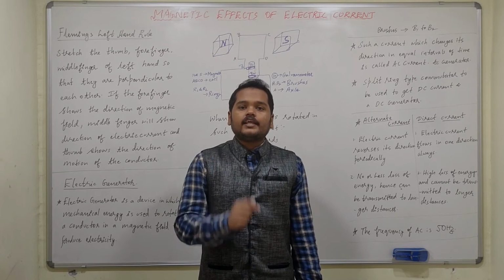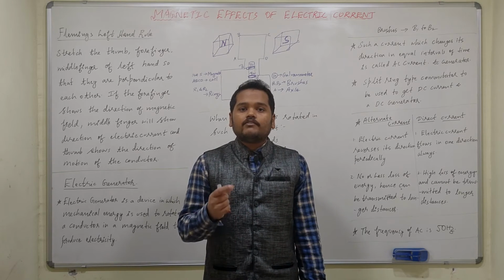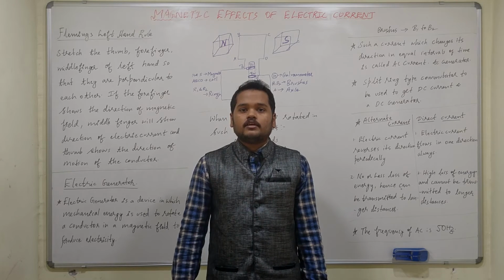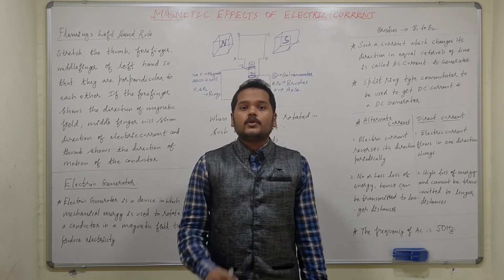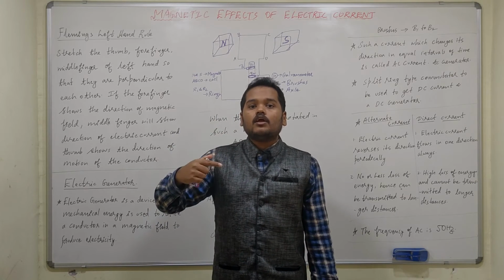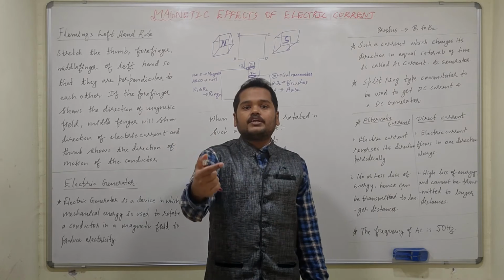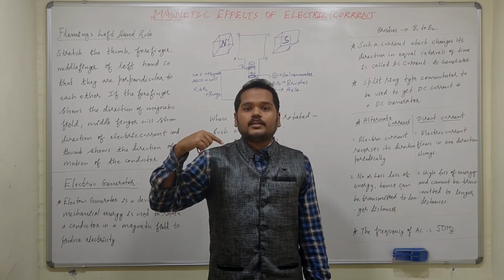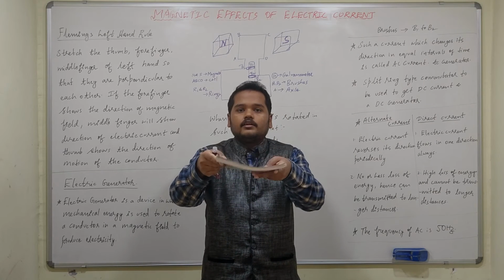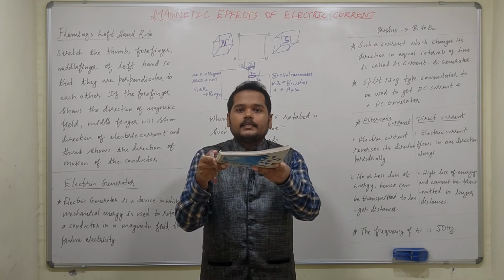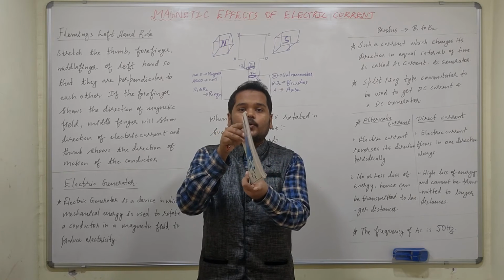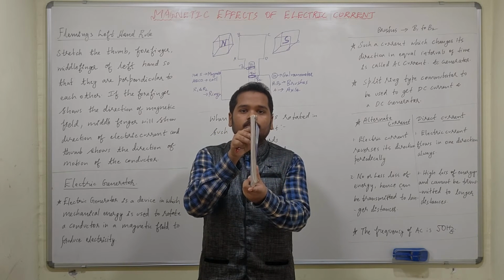Now, we have studied in electric motors that we have used split rings. If you use split rings, you will make the current in this generator flow in one particular direction. Here, AB is going upwards and CD is going downwards in the first half of the rotation.